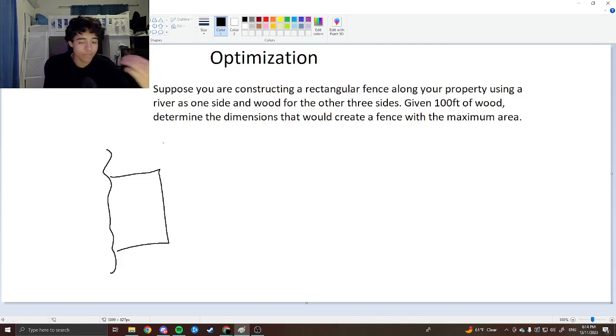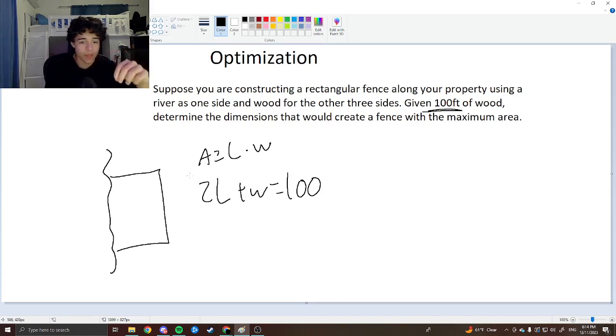So we have to turn this into a function that we could derive. Area equals length times width. This is the function that we're working with. And you know that 2 length plus 1 width equals 100, because you have 100 feet of wood and you have 2 lengths and 1 width. Or you could have 2 widths and 1 length. It doesn't matter. It's the same thing. If you move the 2L over, you get W, the width, equals 100 minus 2 length.